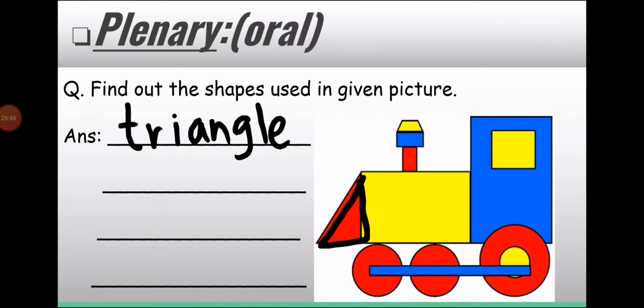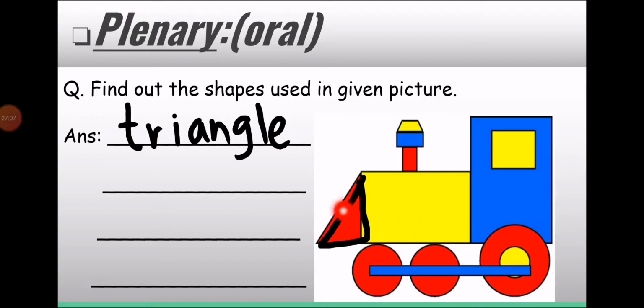Then look at the next shape. You can see a long blue one, 2 sides are parallel to each other and equal in length. 4 sides, 4 corners. And this is also the same. Blue and yellow, they are the same. This red one is also the same. This blue one is also the same. Here the 2 opposite sides are of the same length.